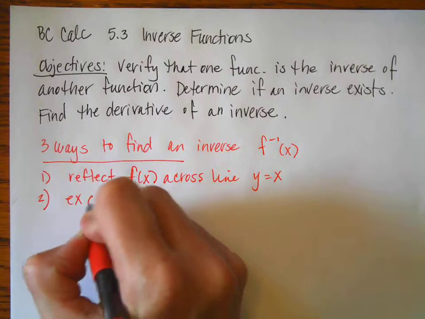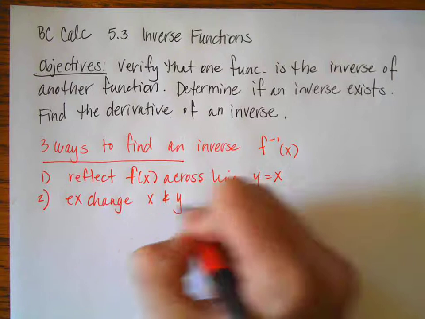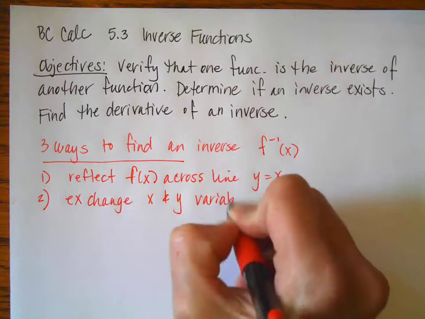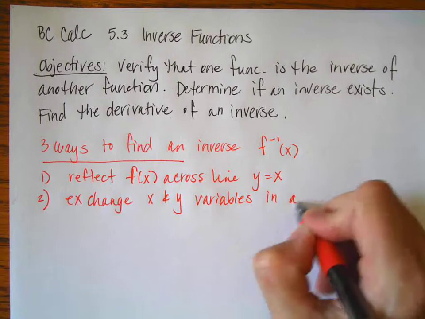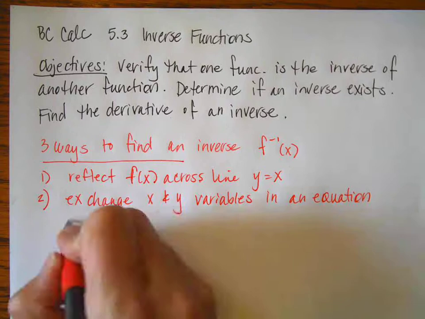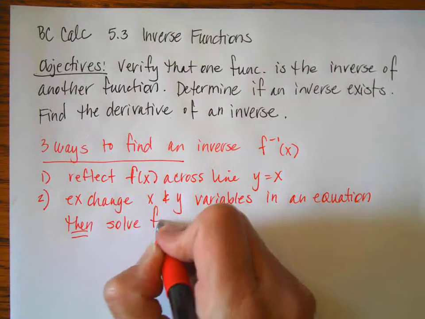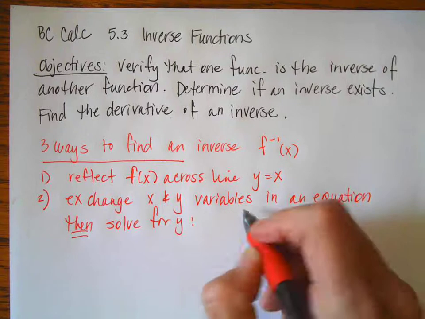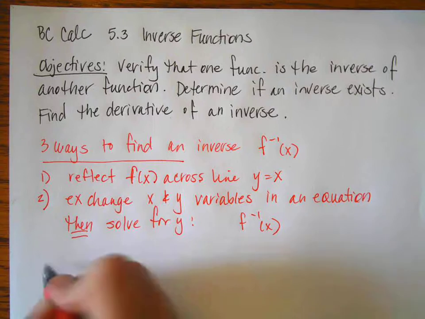The next method would be to exchange your x and y variables, okay? And then in an equation, the step that most of us forget is then we need to solve for y. And then remember, you always have to report an inverse with that notation.